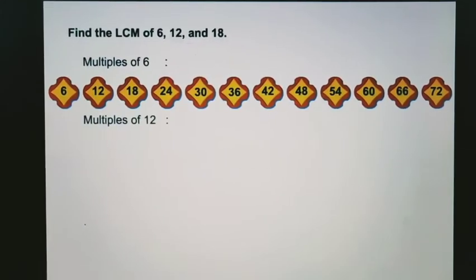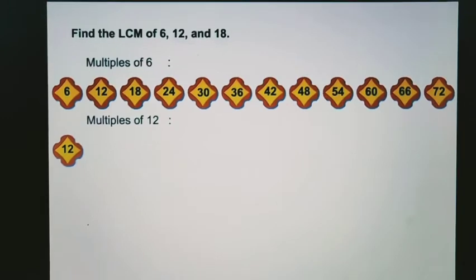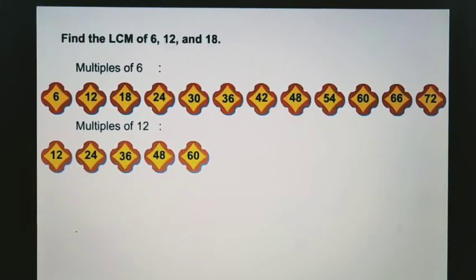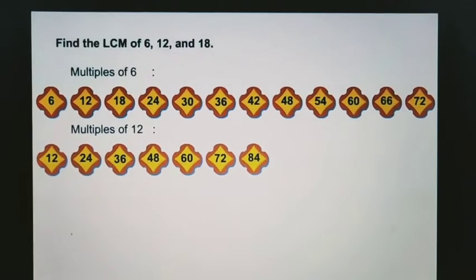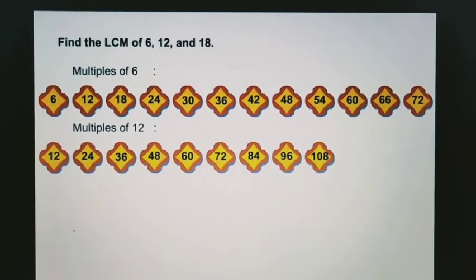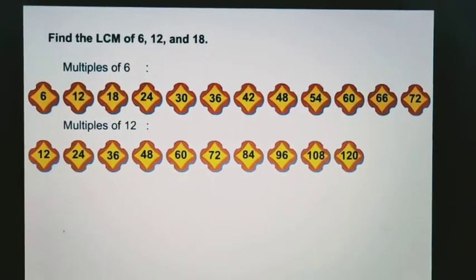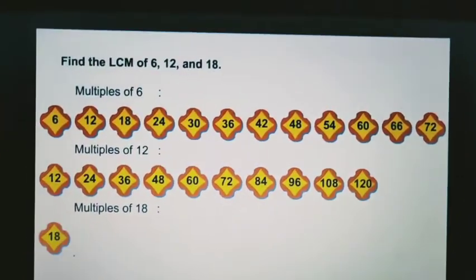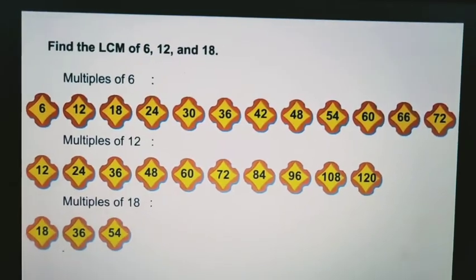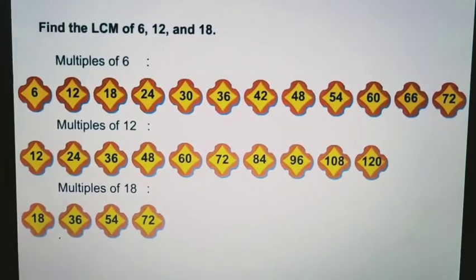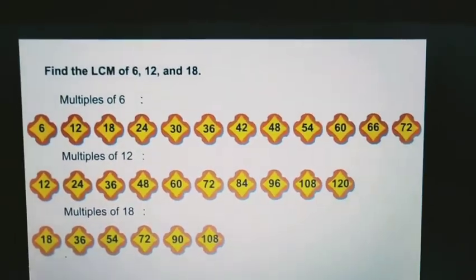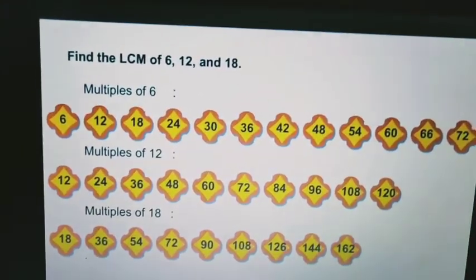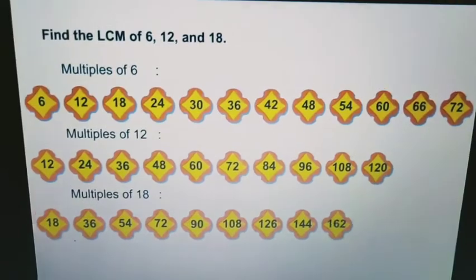The multiples of 12 are 12, 24, 36, 48, 60, 72, 84, 96, 108, 120 and so on. And the multiples of 18 are 18, 36, 54, 72, 90, 108, 126, 144, 162 and so on.